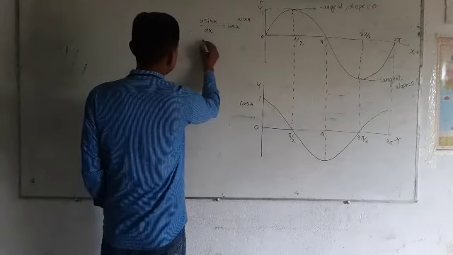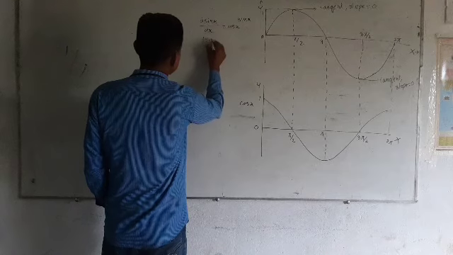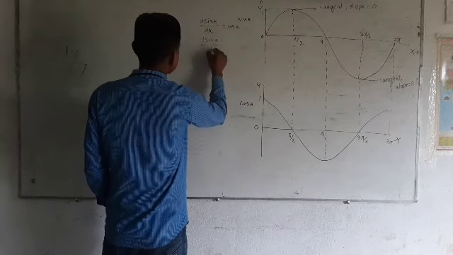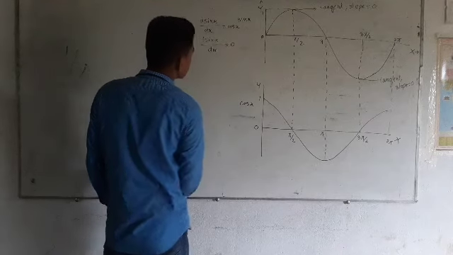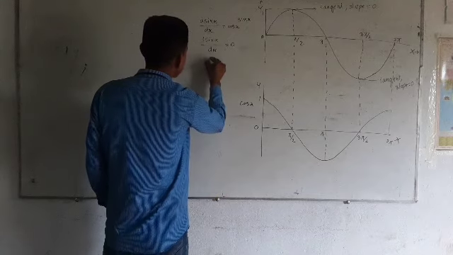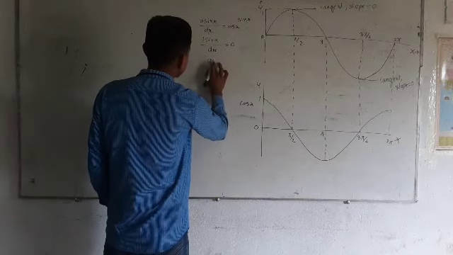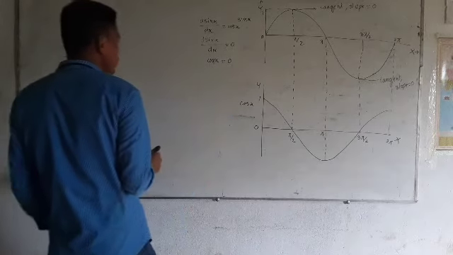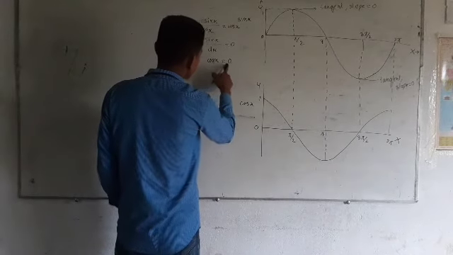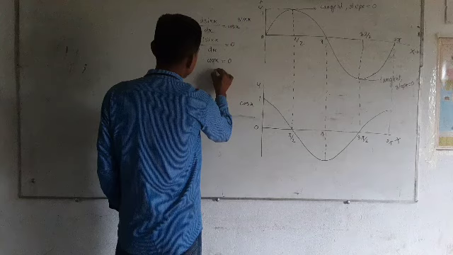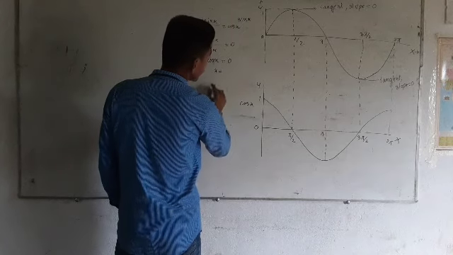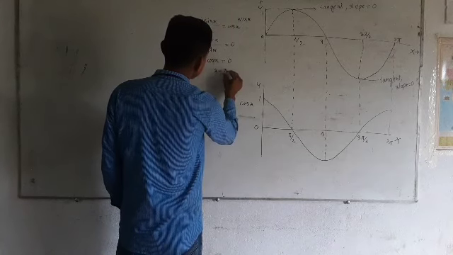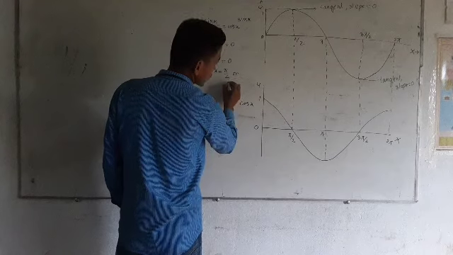So if I set d sine x by dx equal to 0, this will imply cos x is equal to 0. Therefore, if cos x is equal to 0, then x is equal to pi by 2 or 3 pi by 2.